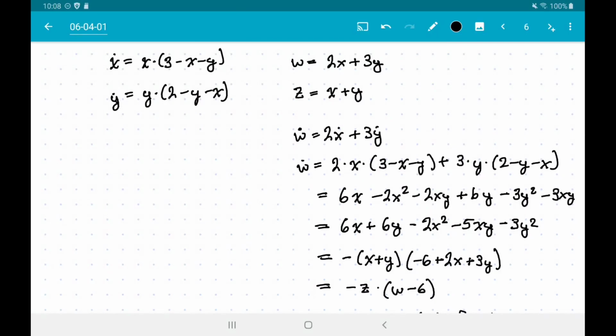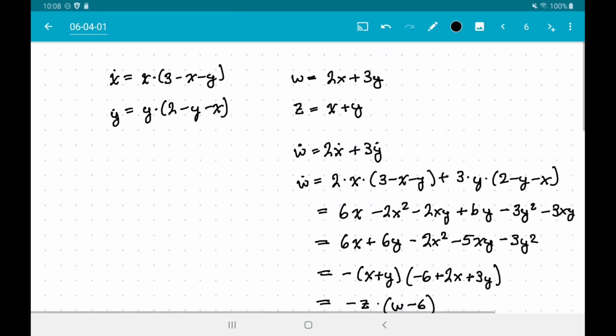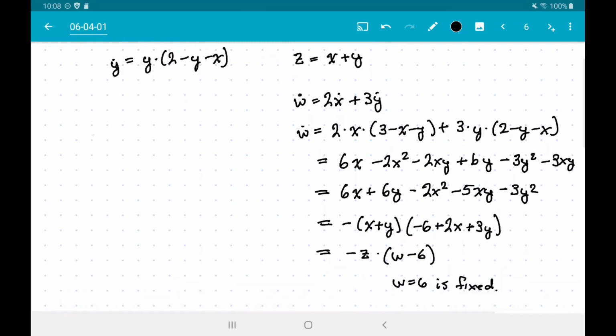What that means is that the line 2x plus 3y equals 6 is an invariant manifold. So again, once you start on that line, you stay on that line.